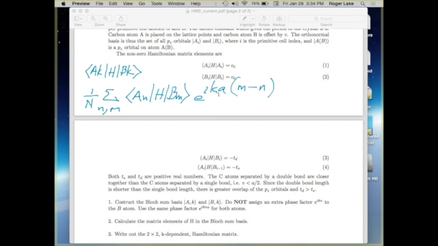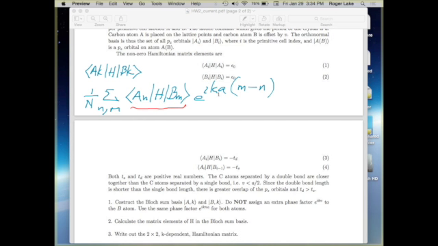Now let's fix N. We'll fix our outer loop and do the inner loop, which is M. I'm fixing N, I'm fixing my A atom.